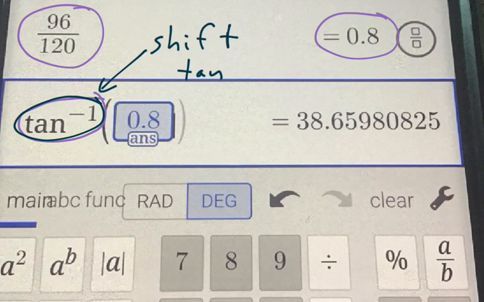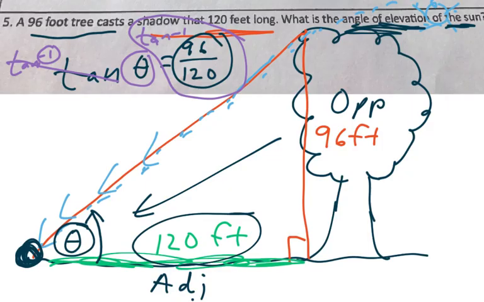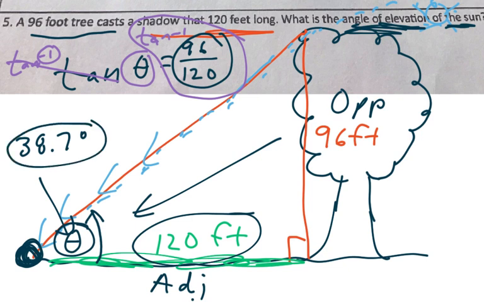But anyways, if I do tangent inverse of that 0.8, I know my angle is 38.659. So we'll round it off. This 5 means that the 6 rounds up one spot to 38.7. So we know that this angle theta right here is 38.7 degrees. Now, guys, we're going to do number 6 and move on to the next lesson.